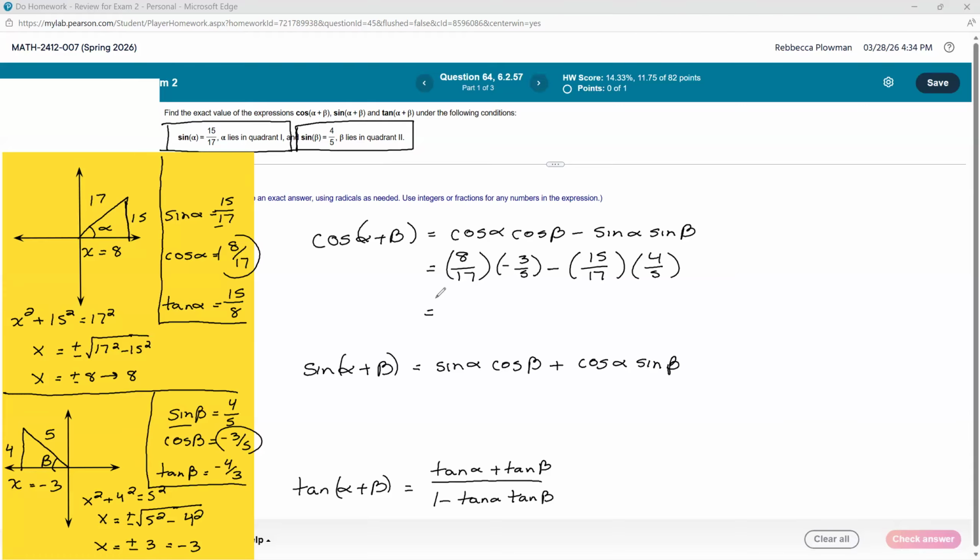All right, so this one is not the prettiest. So 8 times negative 3 is going to be negative 24. And 17 times 5 is going to be 85. Minus 15 times 4 is going to be 60 over 85.